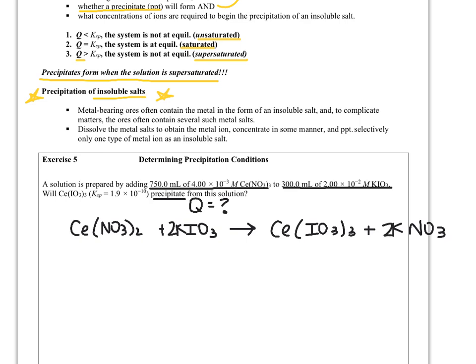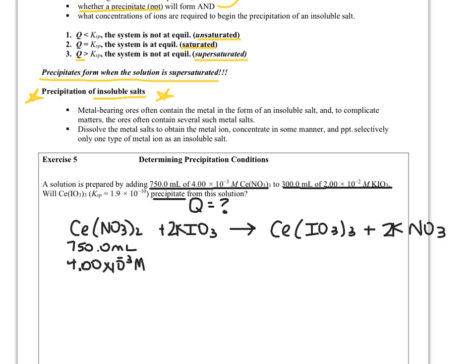Then we look at our numbers. This is why I like my reaction written out, because I like to see what I have. I have 750 milliliters of 4.00 times 10 to the negative 3 molar.